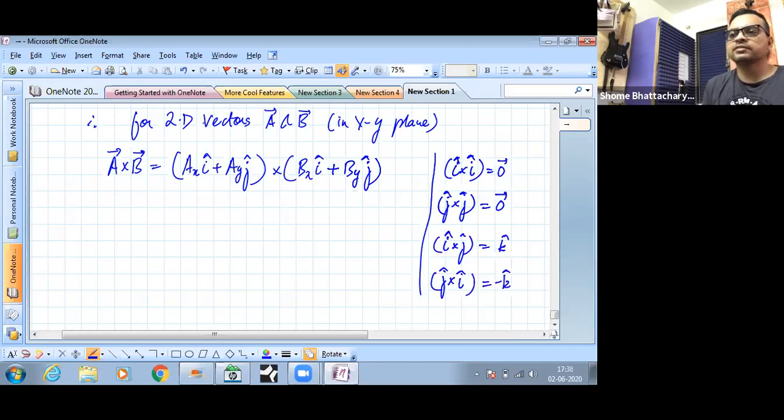So we'll keep this in mind when we open this bracket. Okay, so you'll see that we have got ax bx into I cross I, but I cross I is going to be 0, so this term will not come finally. Plus ax into by. Now this term is going with I cross j, so this will come with a positive k cap. Okay.